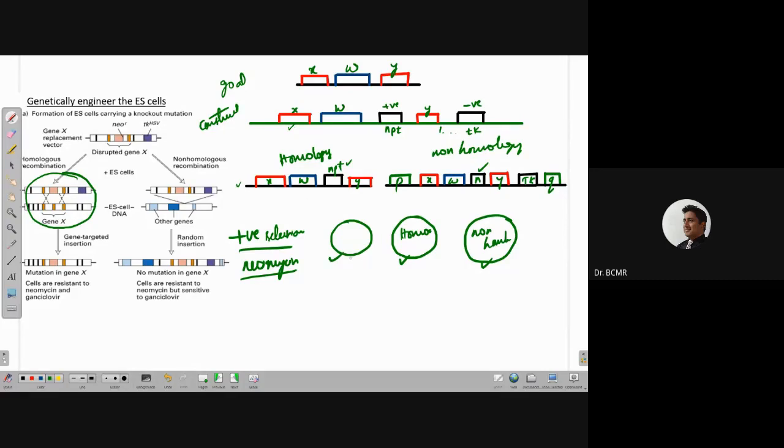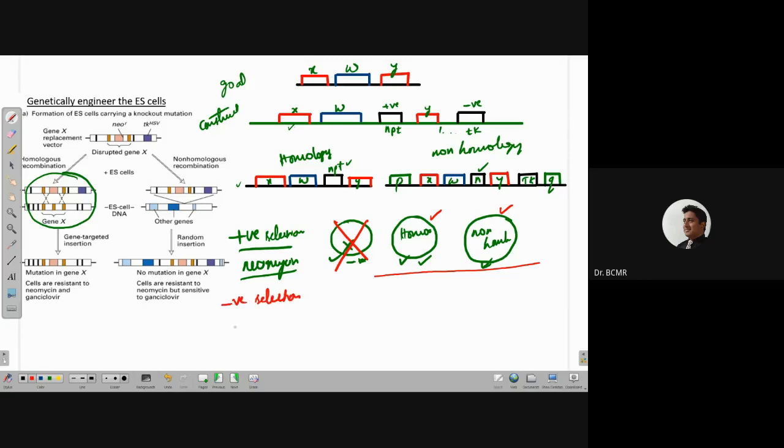But the cell that did not get any of the DNA construct does not have it. So this is minus for NPT, this is positive and positive. The cells that did not receive anything would die out. What are selected? Two cells will be selected: those that have homologously recombined and those that are non-homologously recombined. And then we would now perform negative selection.